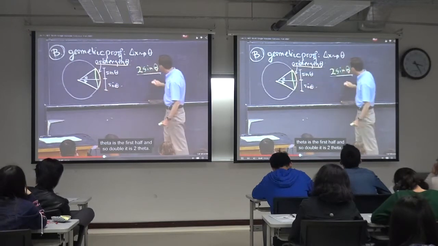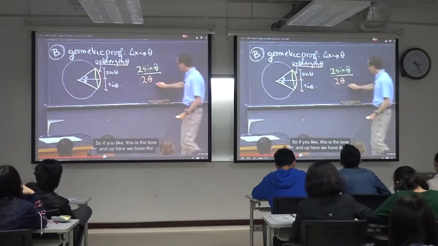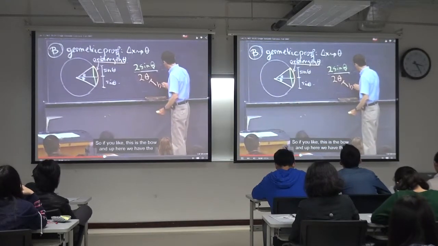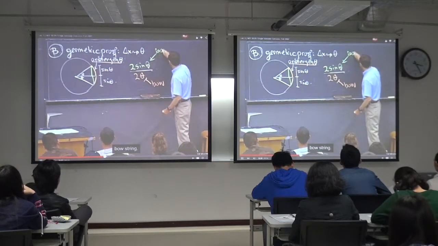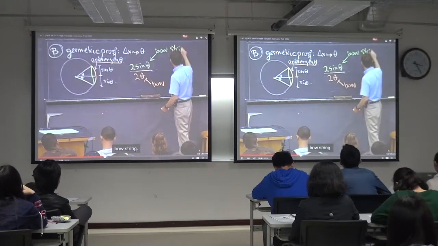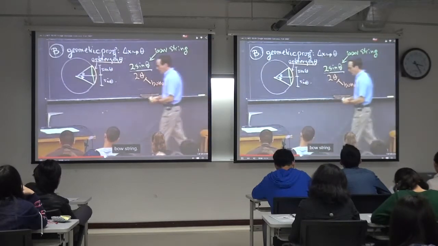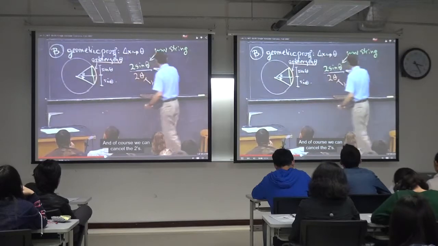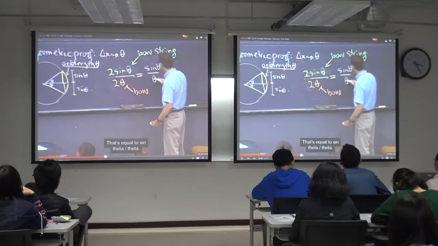So double it, it's 2 theta. So if you like, this is the bow, and up here, we have the bowstring. And of course, we can cancel the 2's, that's equal to sine theta divided by theta.